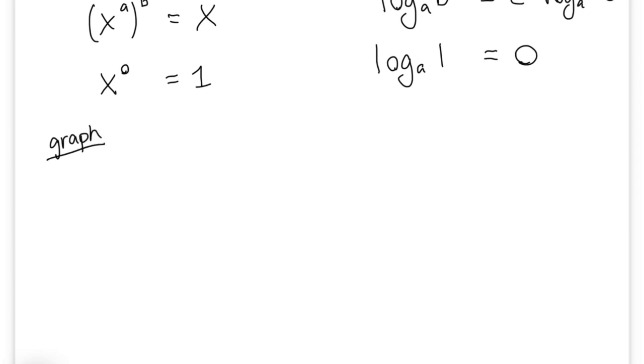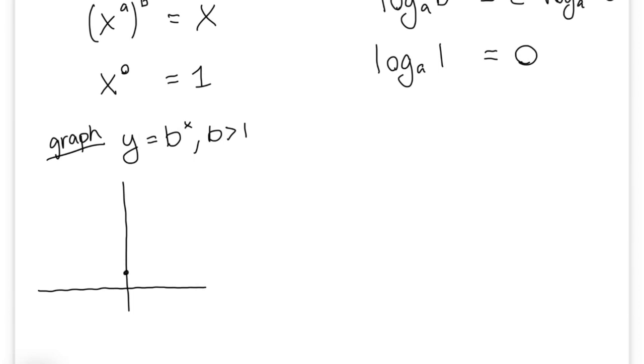So let's look at y equals b to the x, and we're going to assume for this one that the base is greater than 1. So let's say, imagine that the base is 2. Okay, well, 2 to the 0 is equal to 1. 2 to the 1 is equal to 2. 2 to the 2 is equal to 4, right?